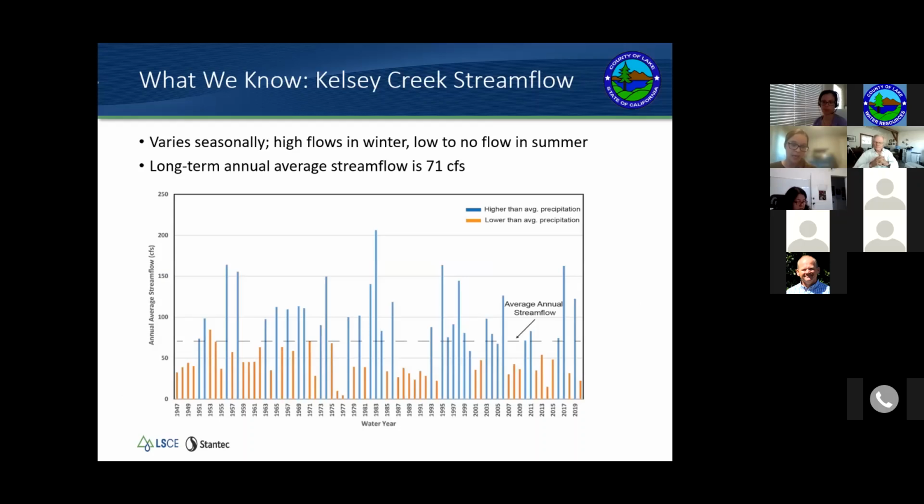We can see that the streamflow varies from year to year. With higher than average precipitation, you get higher flows, around 150 CFS, cubic feet per second. And then in really dry years, like the drought back in 1997, you have almost next to no streamflow, which is why people are comparing 1997 to current present conditions.